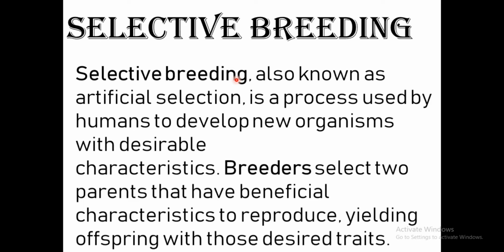It is to get the desirable characters in an offspring, or the baby sheep. So the parents are selected. The breeders select two parents that have beneficial characteristics to reproduce, yielding offspring with those desired traits. Traits is nothing but the characteristics.